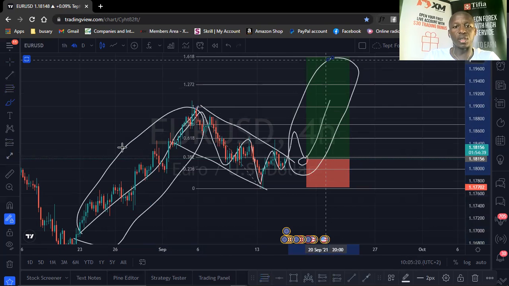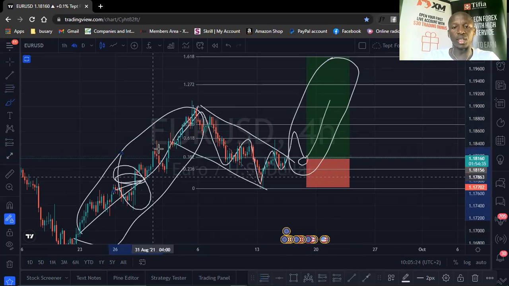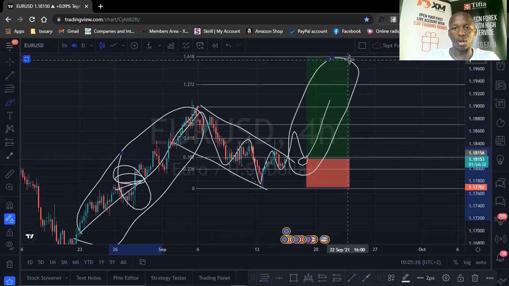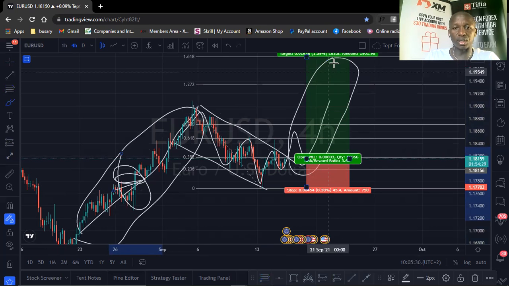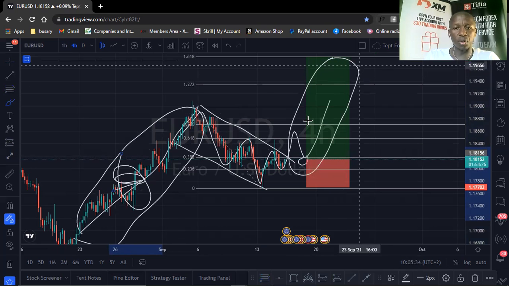So if this part right here, this one, is maybe like 200 pips, we should expect the price to go 200 pips up again on this portion right here.